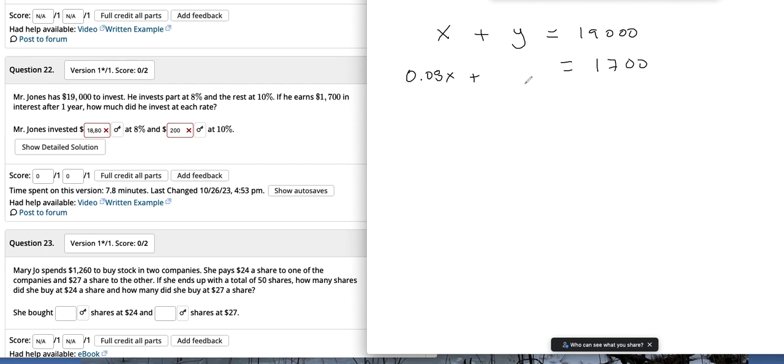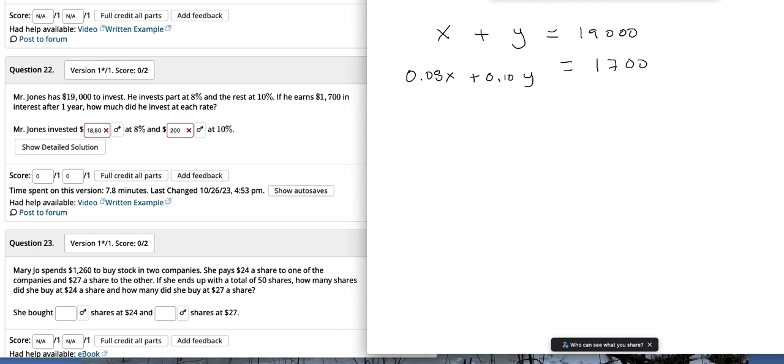And then he's got 10% in the other one, so I'll call that 0.10y, 10% of how much is in this. So this is the interest payment from that account plus the interest payment from that account makes the total interest. So once you figure out what your totals are, that helps you get the rest of the equation set up.